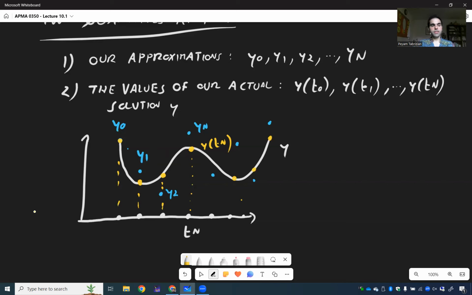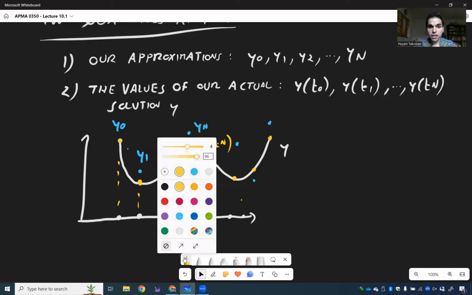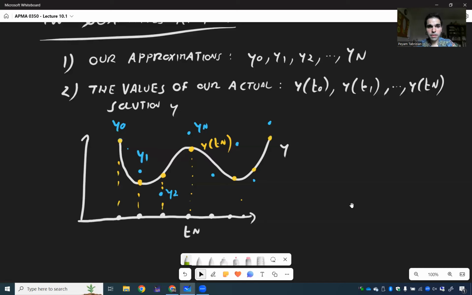In particular, notice between each of those points there is a distance. Between y1 and y of t1, y2 and y of t2, here the distance is very big, here and here, which tells you how Euler's method deviates from the true solution.